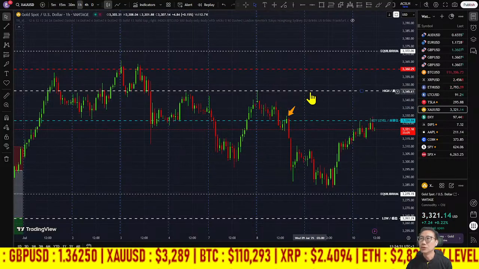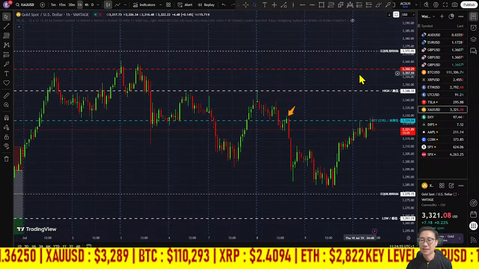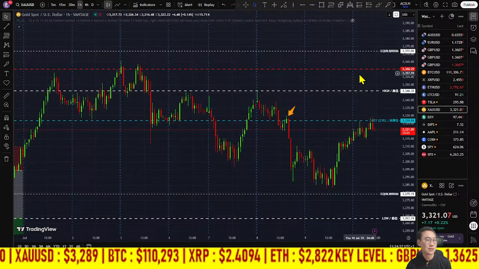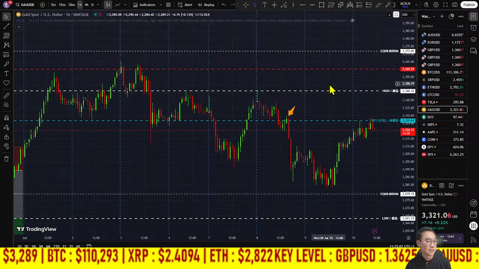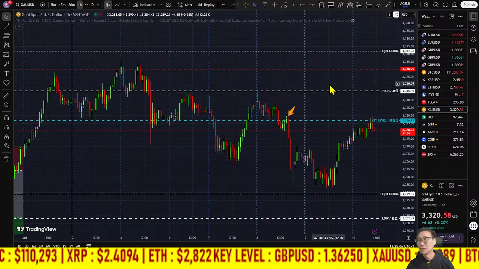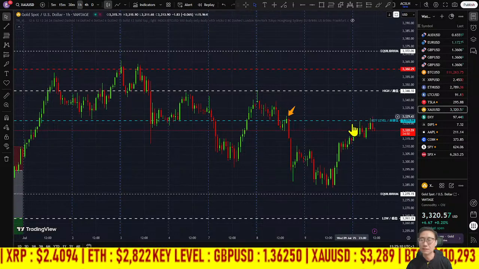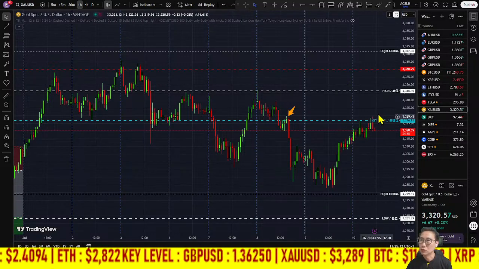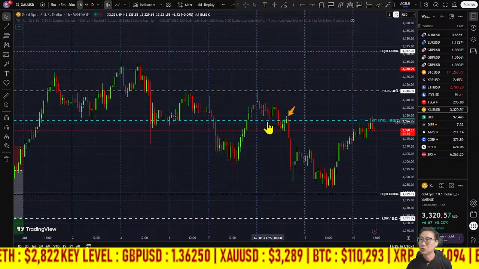This may be the first one, but the ultimate target I'm still looking at is 3360. That is still my main target for buying. If the price is going to shoot up, the first target will be here, then the next one will be at 3360.